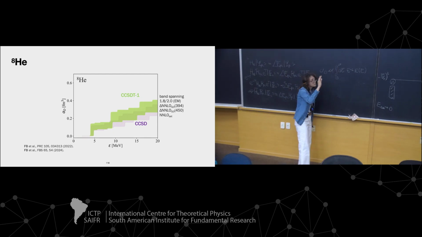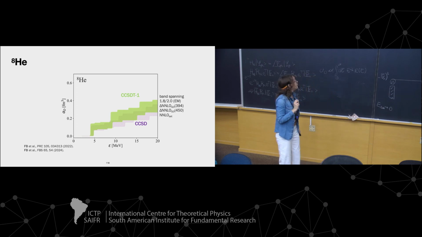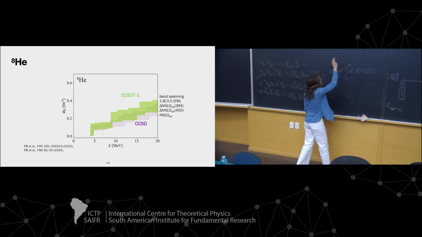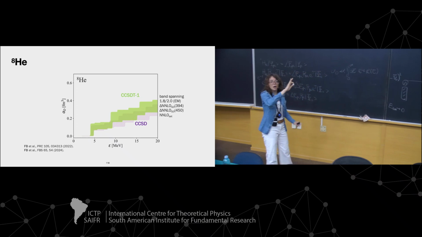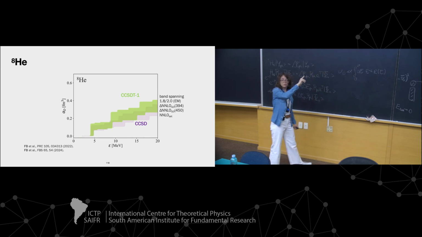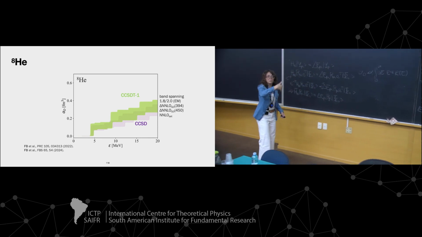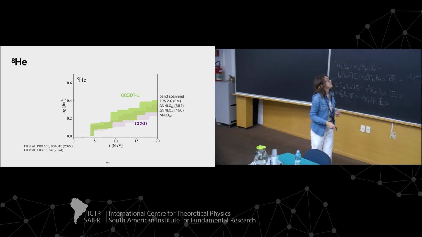This infinity is probably the breakdown scale of chiral EFT. But since we have data only up to 20 MeV, I'm just plotting the integral from 0 to epsilon, the epsilon you see in the plot. So we are looking at how the integral builds up with excitation energy.